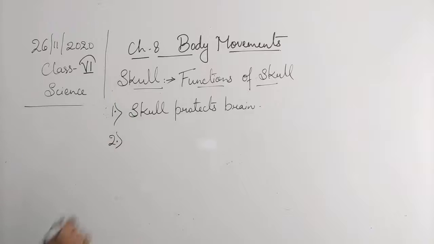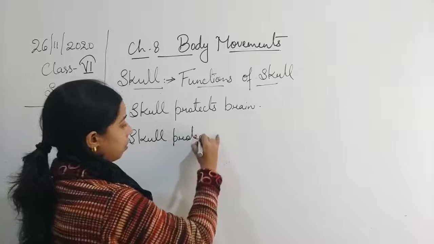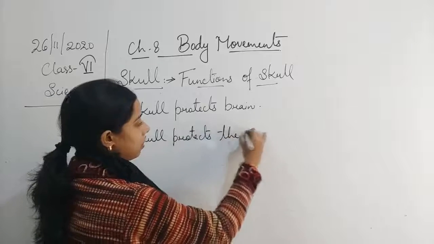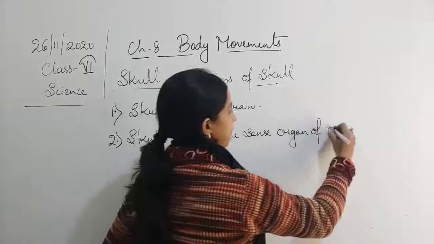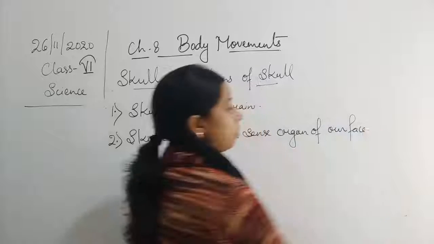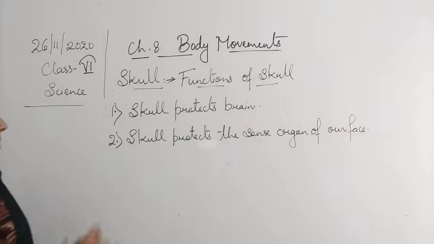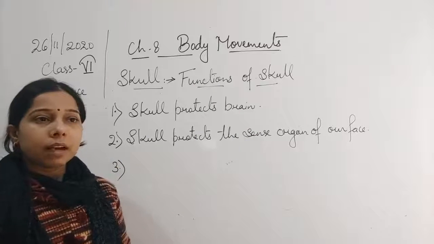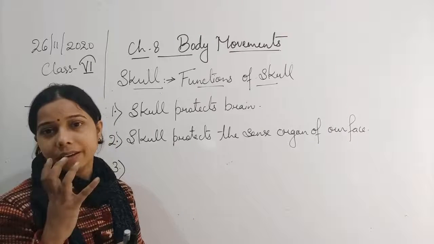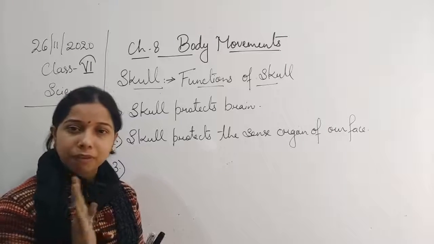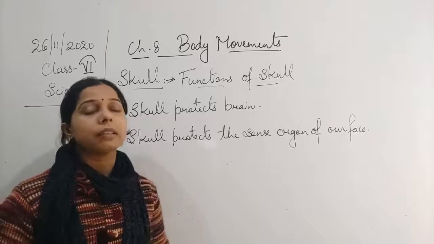So the skull protects the sense organs. Our face is full of sense organs, and they are also protected by the skull. Now, you have seen, students, that some people have a rounded head, and some have a kind of flat one. So what is this? The skull also gives shape.